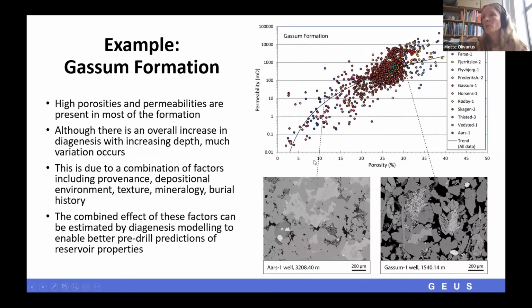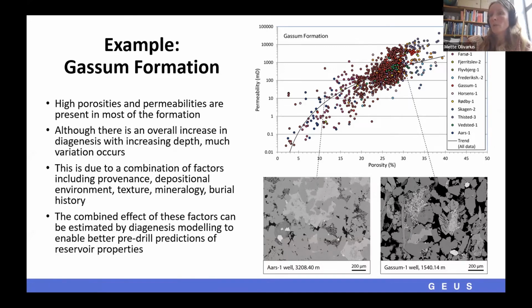So I'll use the Gassum Formation as an example, probably the best sandstone reservoir in Denmark. In most of the formation, there are high porosities and permeabilities. And there's an overall increase in diagenesis with increasing depth, but much variation occurs.